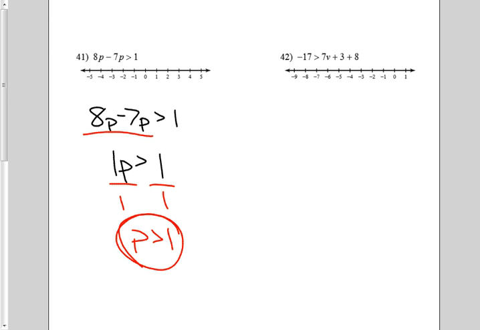Okay, now, just like before, in my answer, I absolutely need the variable to be first here. Just like last time we had x equals a number, now I need the variable first, and then we'll move on. The reason I need the variable first is because I'm going to come back up here and graph this.